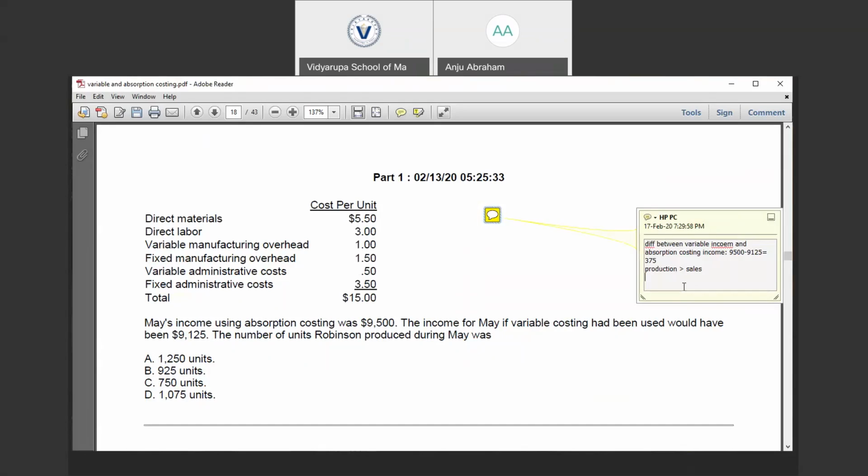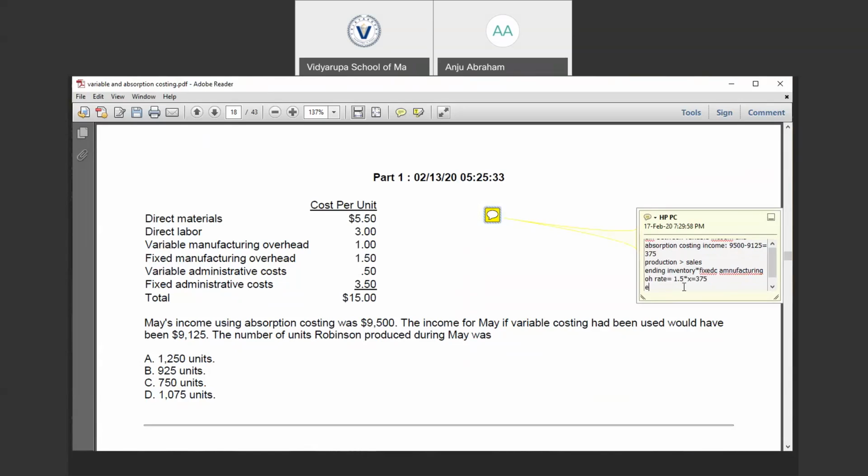So what is the fixed manufacturing overhead rate? 1.5. And we know that the ending inventory, let's take it as X, into this fixed manufacturing overhead rate of 1.5 equals 375.